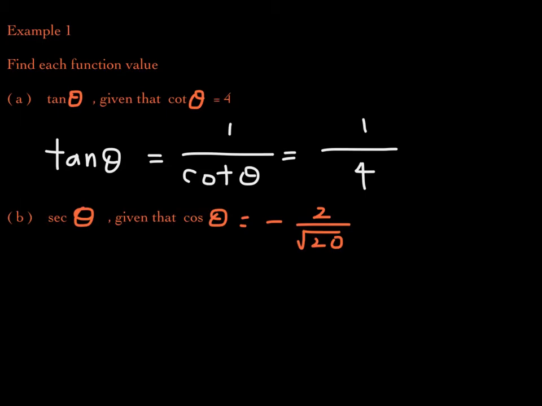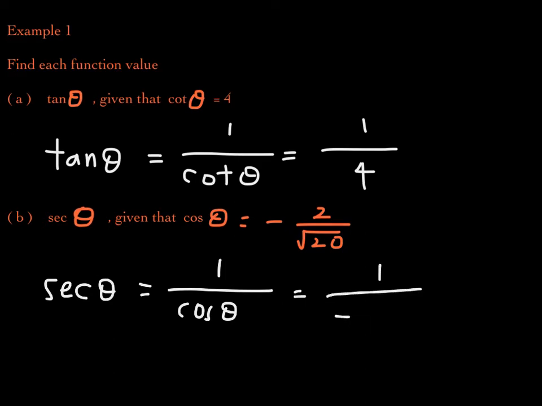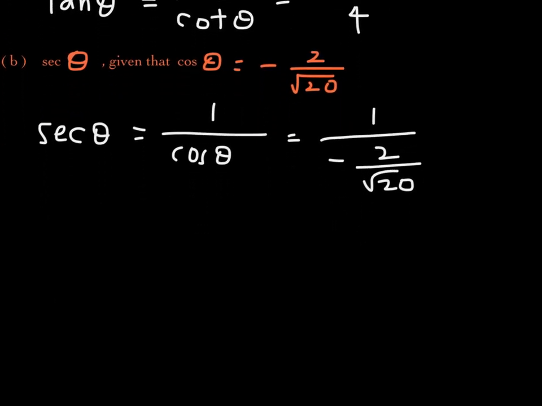Now find secant of theta given that cosine of theta is negative 2 over root 20. Now, you can look at your list of reciprocal identities, and you can find that secant of theta is equal to 1 over cosine of theta. Now, the good news is that cosine of theta is given. It is negative 2 over root 20. You can see we have some simplifying to do in this expression.